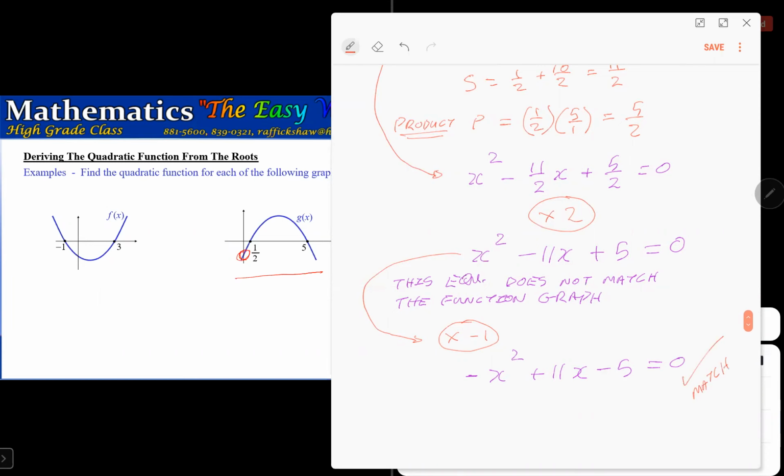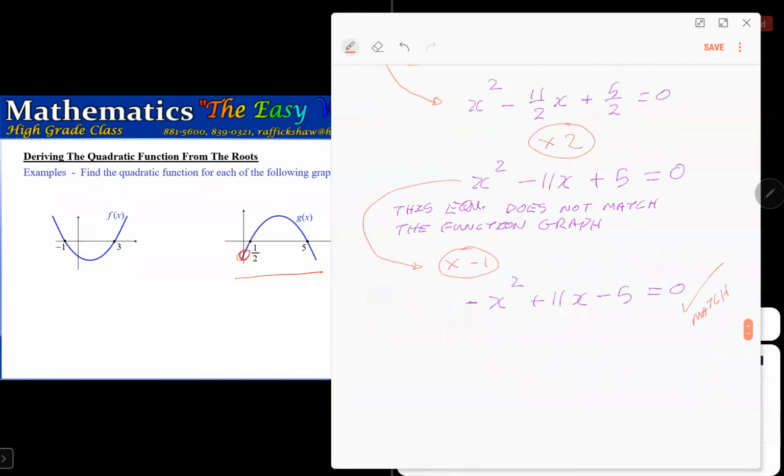And since we know it's a match, we can say therefore the function g of x, that graph function, is negative x squared plus 11x minus 5. Don't put that equals 0 now. We're trying to get the function.